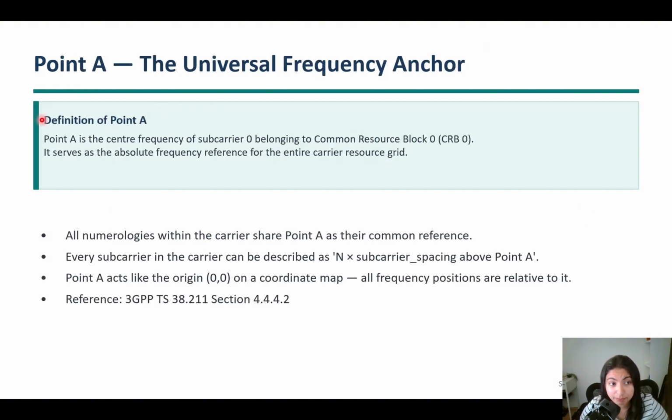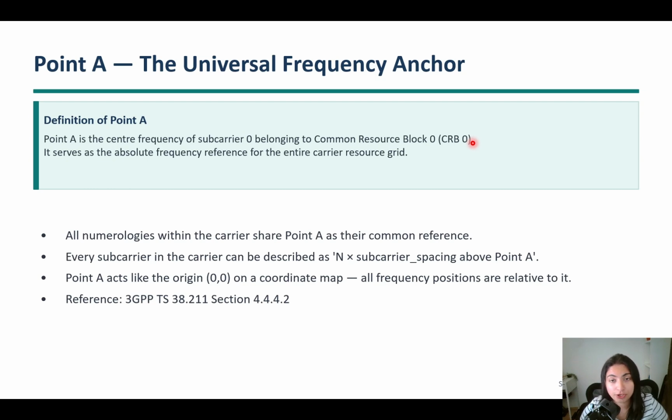Let me be very precise about point A. Point A is the center frequency of subcarrier 0 of common resource block 0. This is a single precise frequency value. This is not a range, this is not a block. Think of point A like the origin of your coordinate system.